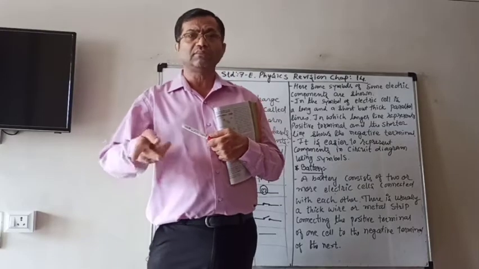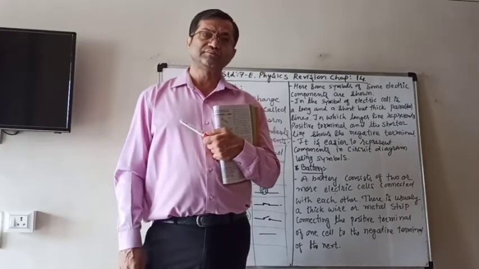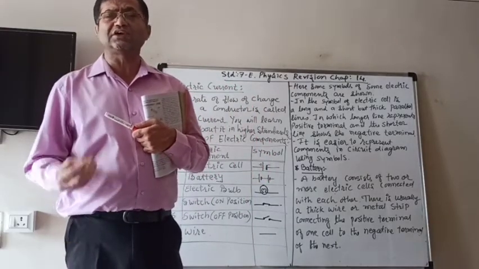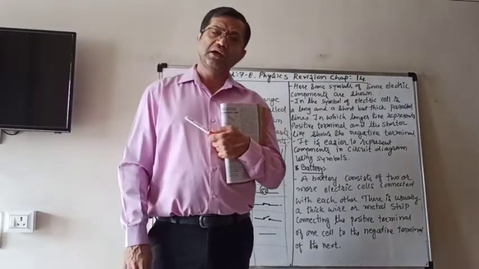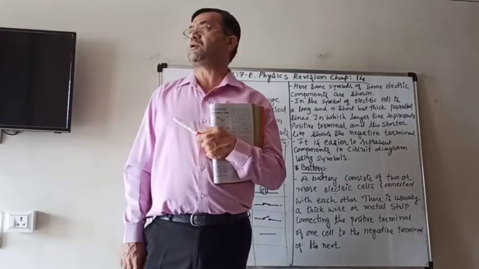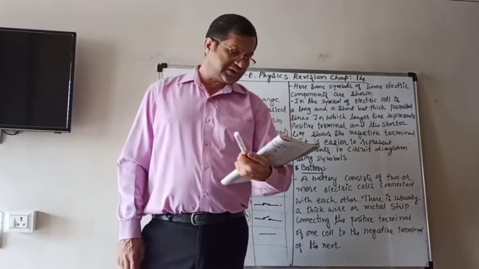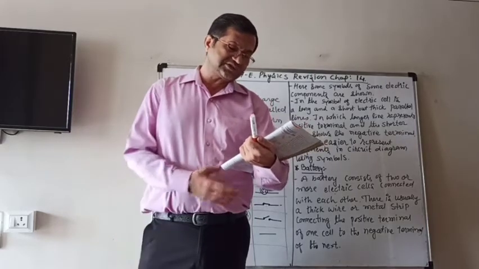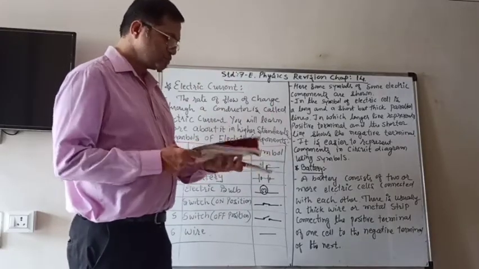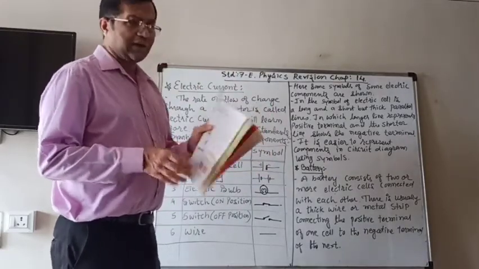If you join them alternately, then the circuit is not correct. Then the bulb will not glow or any component cannot work, because the electric current cannot pass through this type of situation. So as shown in the figure, you can see that there are 4 cells.